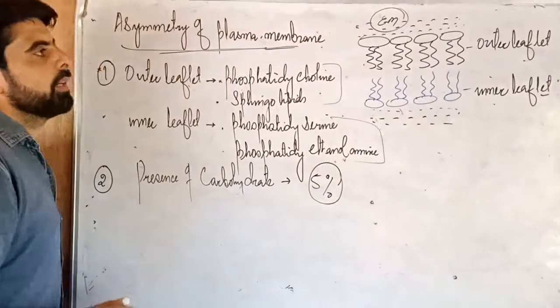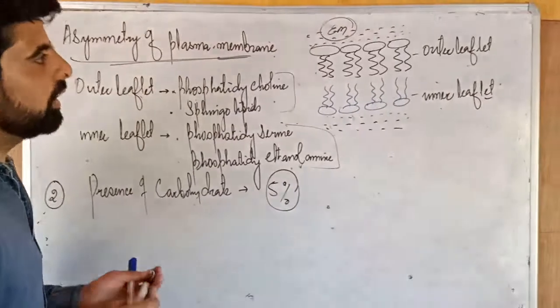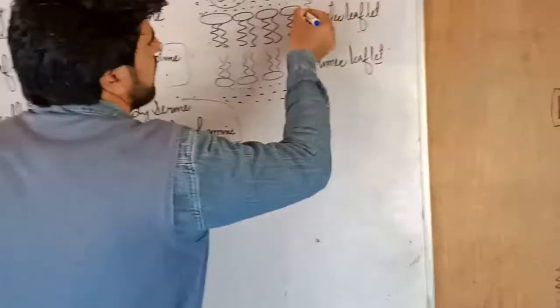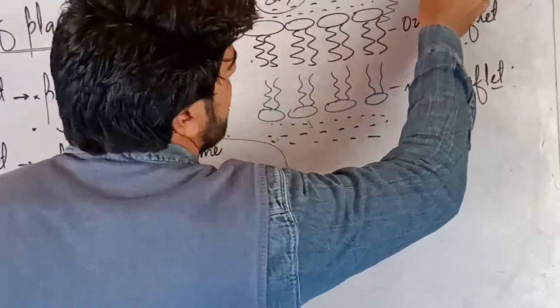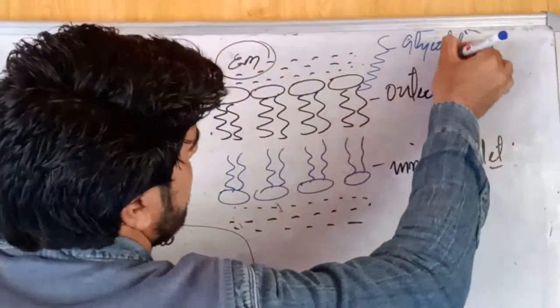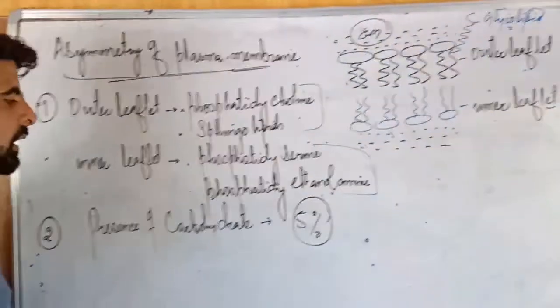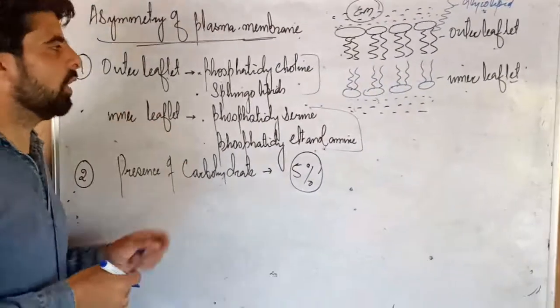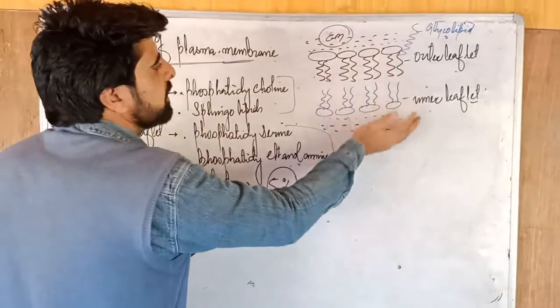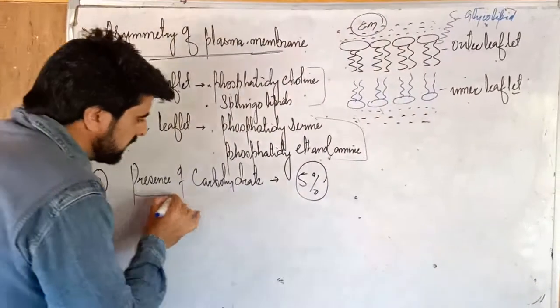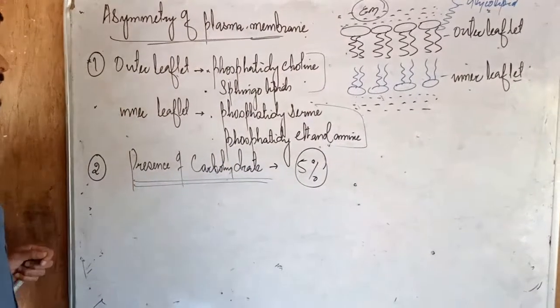But this carbohydrate is present only on the external layer. It is associated with the lipids, so it makes a glycolipid. Say this is a glycolipid here. It is associated only with the external layer. The internal layer does not have a carbohydrate, which also creates asymmetry in a plasma membrane.